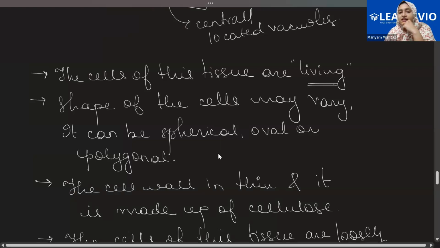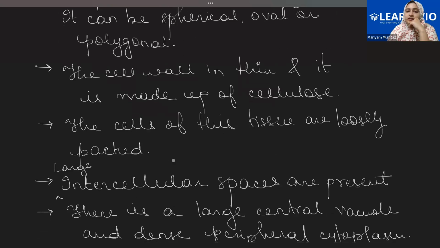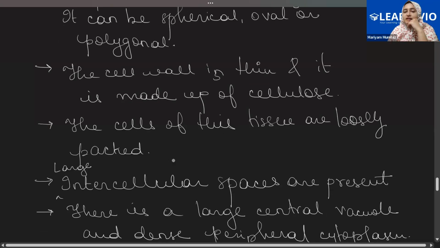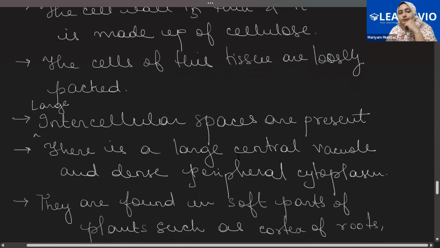The shape of the cells may vary. It can be spherical, oval, or polygonal. The cell wall is thin and it is made up of cellulose because we're talking about the plant. So the cell wall is cellulosic. The cells of this tissue are loosely packed.